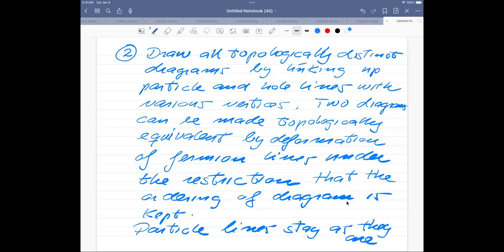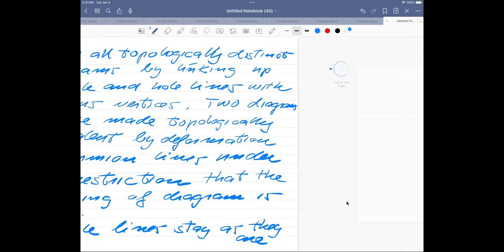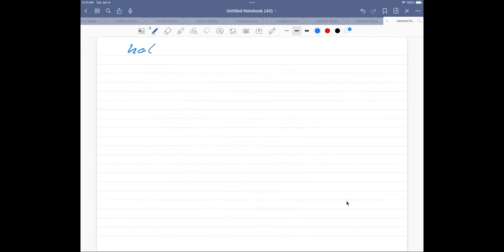But the idea then is that you start with your system at a time infinitely back, and then the system interacts, and then this keeps interacting, and then it gets back to a given state at a final time. So that kind of ordering with final time and initial time is not changed. So hole lines stay as holes. Hole lines are kept.